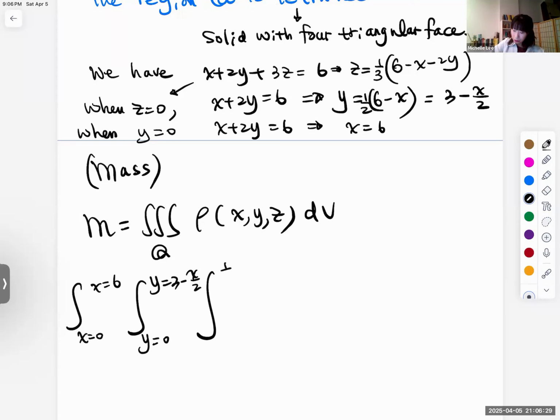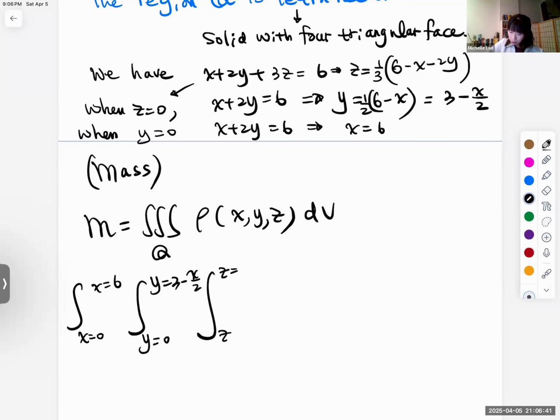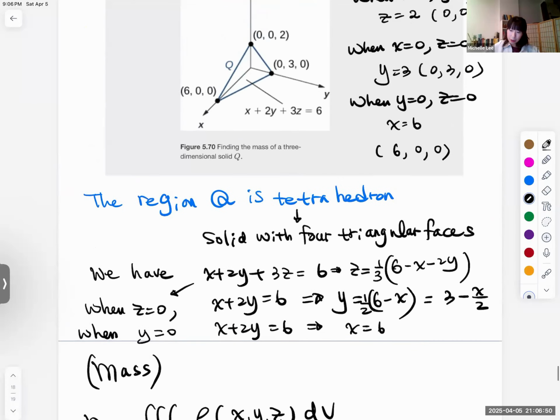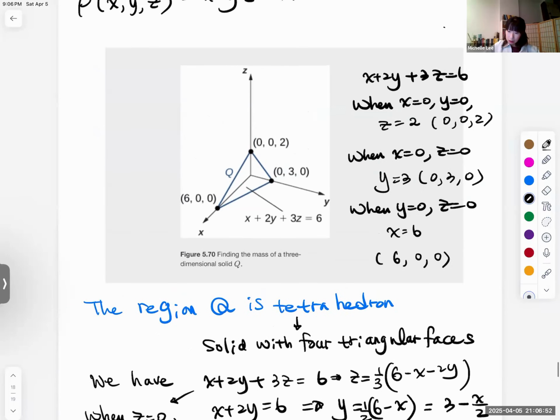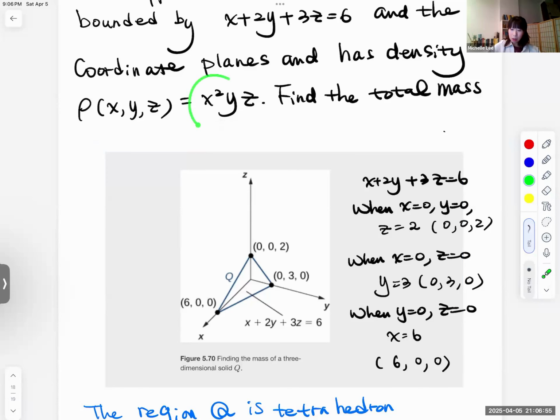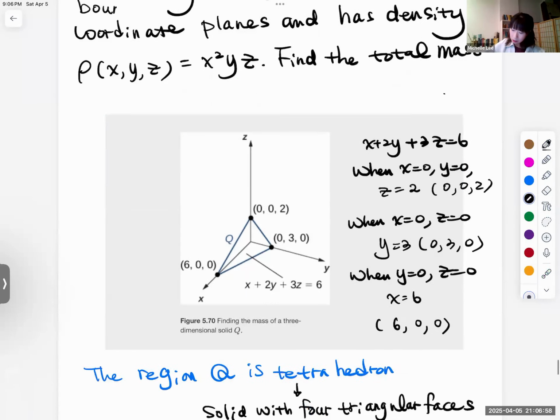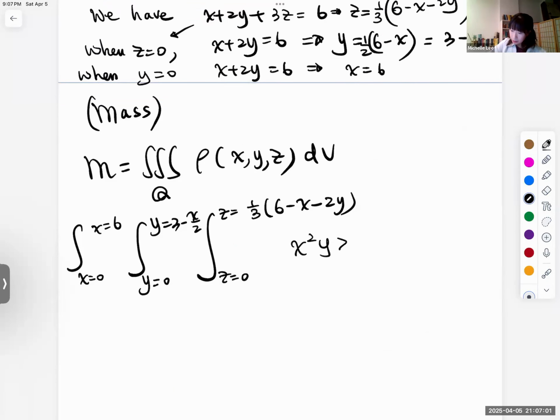Let's use 1/3 for simplification: z from 0 to 1/3 times (6 minus x minus 2y). The density function is x squared yz. Then we integrate dz, dy, dx, in that order.